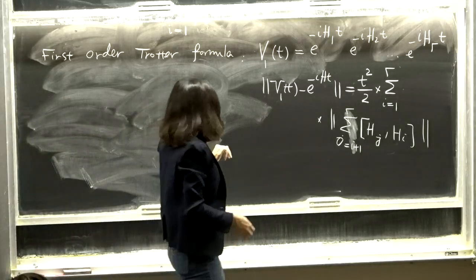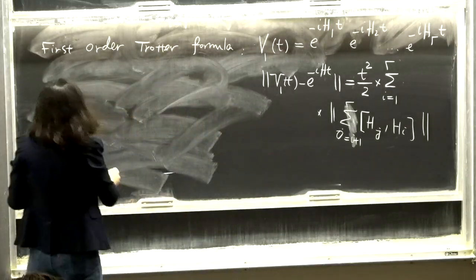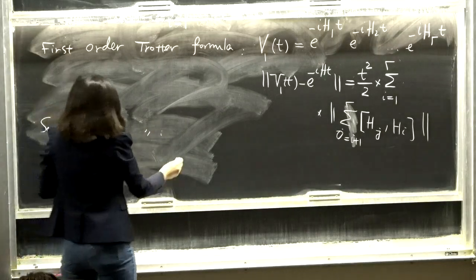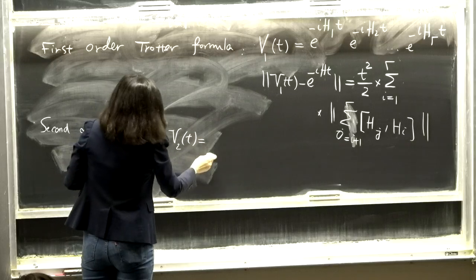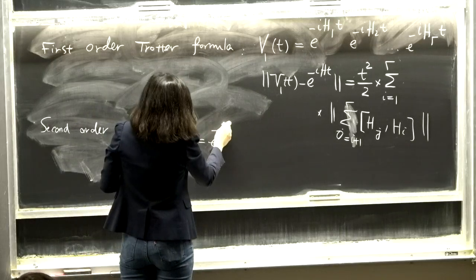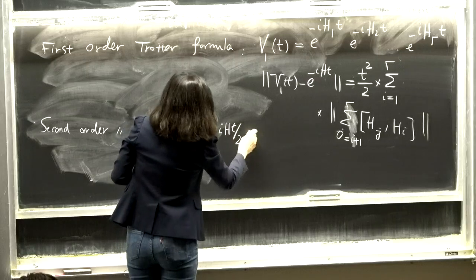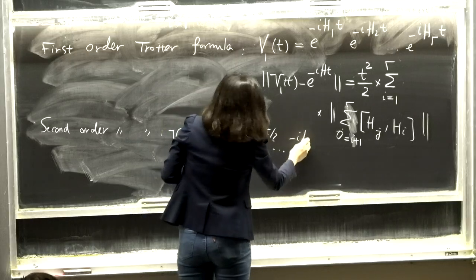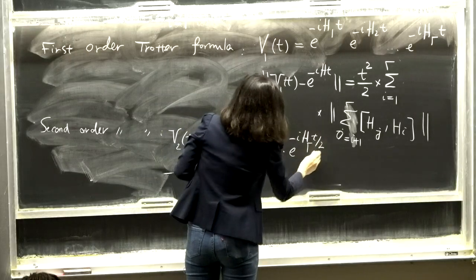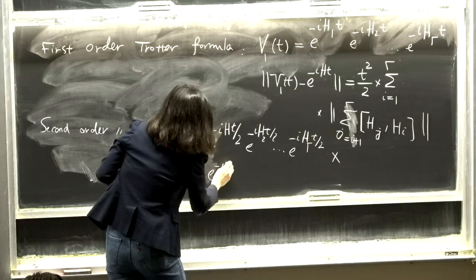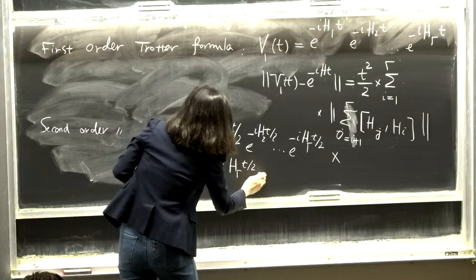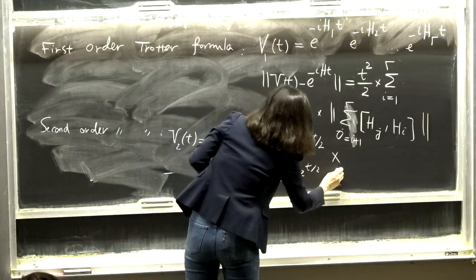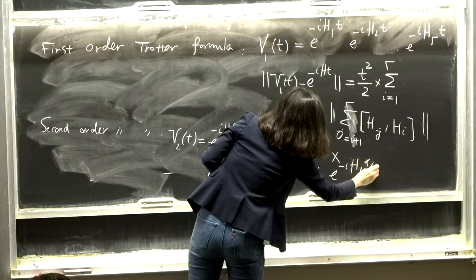You can do other things. You can also do the second order Trotter formula, V2 of t. Here I go from e to the minus iH1 t over 2, e to the minus iH2 t over 2, up to e to the minus iH_gamma t over 2, times e to the minus iH_gamma t over 2, down through e to the minus iH2 t over 2, e to the minus iH1 t over 2.